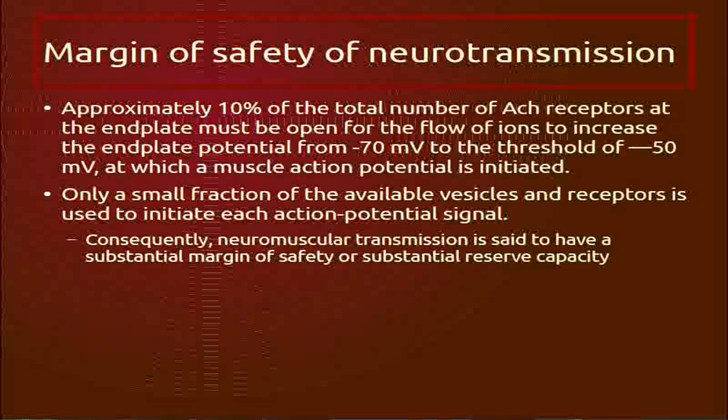It is so redundant that you only need about 10% of your receptors available at the neuromuscular junction to have normal muscle function. That means you can give a half ton of non-depolarizing neuromuscular blockers and still get a response.